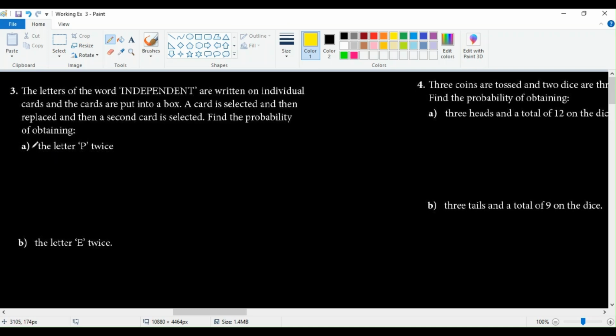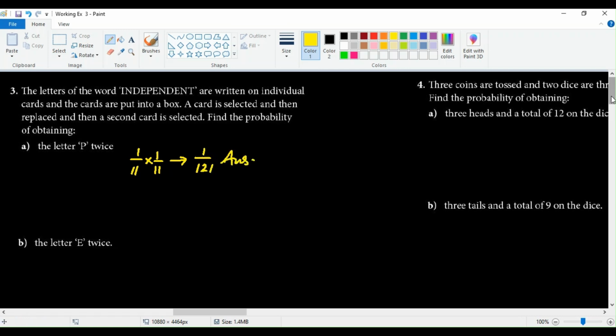We have altogether 11 letters. Because there is only one P, the possibility of having it is 1 over 11. Since we are talking about twice, it has to be multiplied by itself once again. So it's going to be 1 over 121 as the answer for this question.